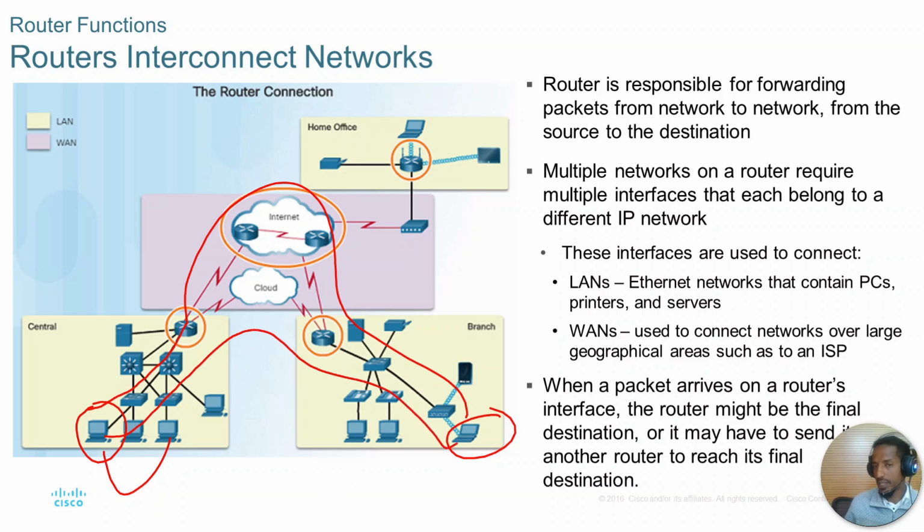So we have two options. This is where we call it selecting the best route, which depends on the speed or different issues. You can see we have two options to go from the source, which is this one, to the destination, which is this one. So the router is responsible for forwarding packets.